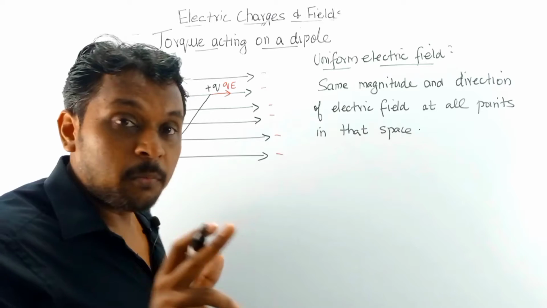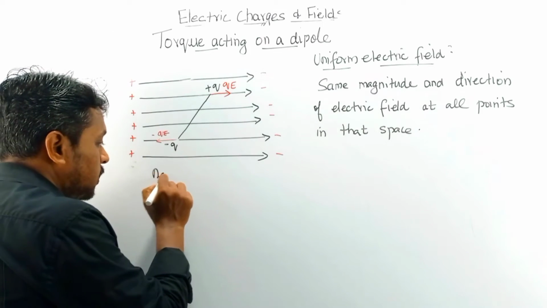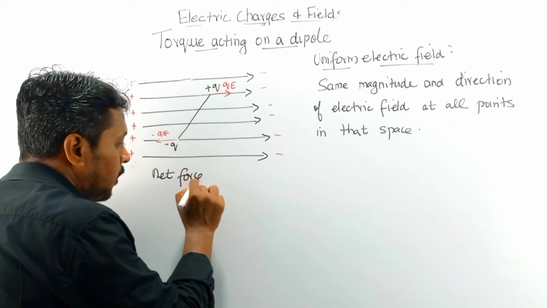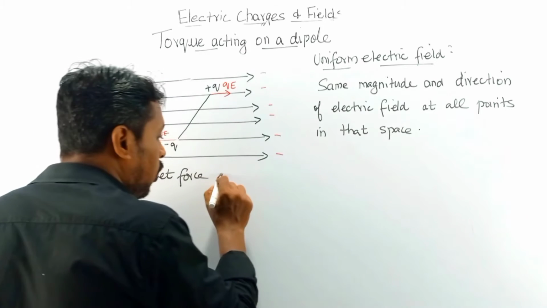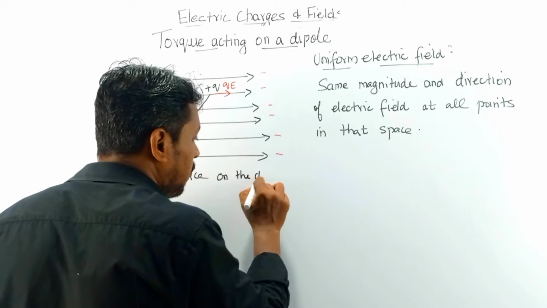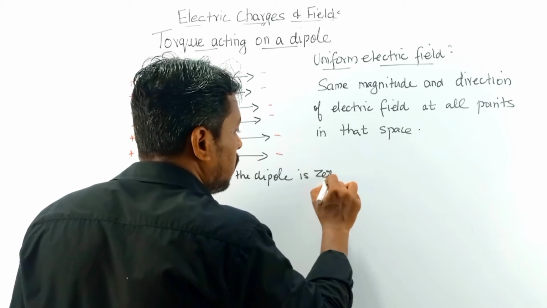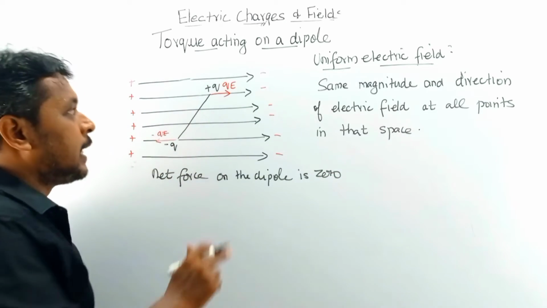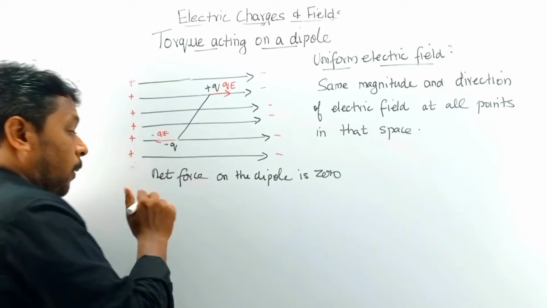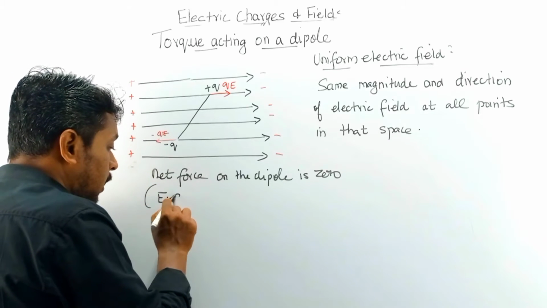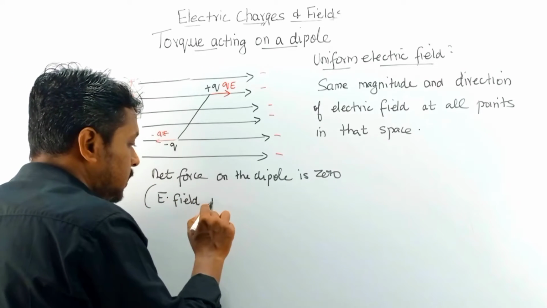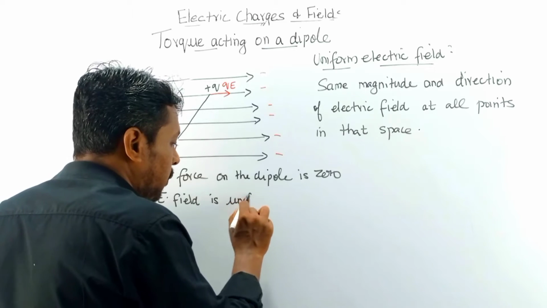One more point: the net force on the dipole is 0. Why 0? Because the electric field is uniform.